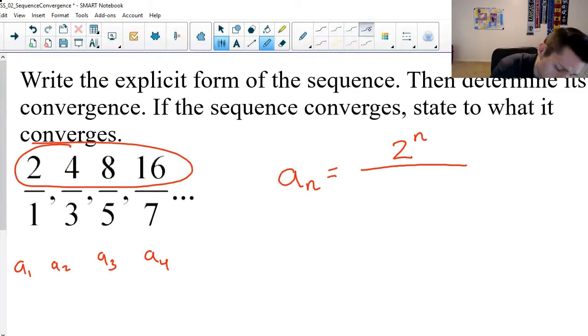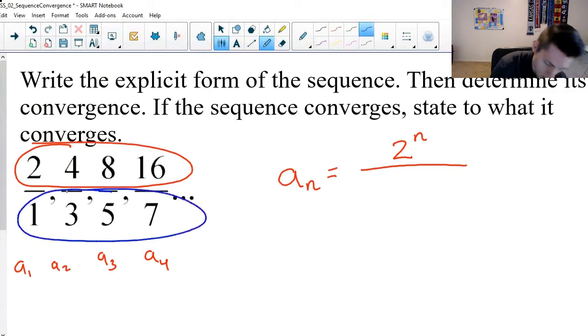Now, for the denominator, 1, 3, 5, 7, we should be able to pretty easily deduce that these are just the odd numbers. 1, 3, 5, 7. But the question is, how do I write that as an expression?